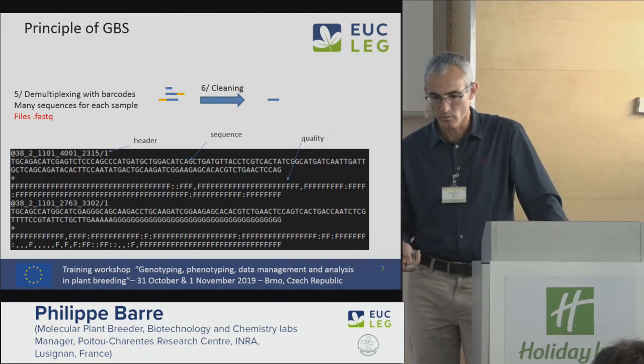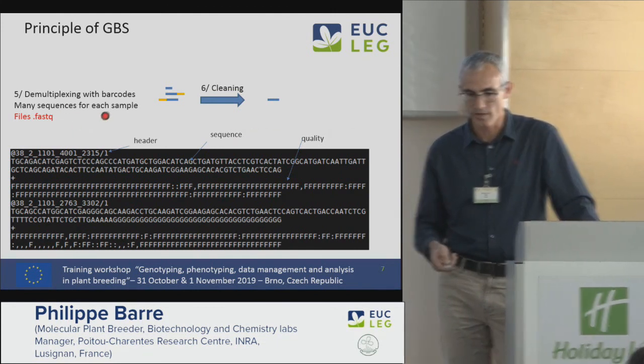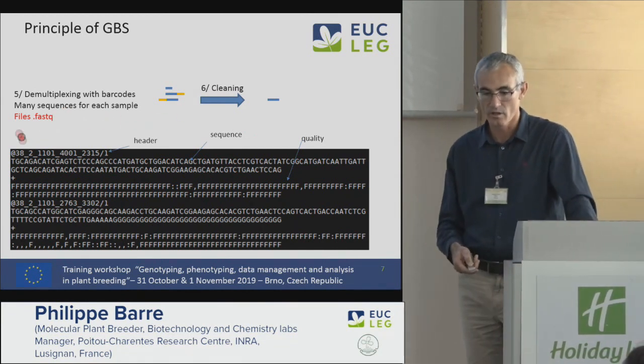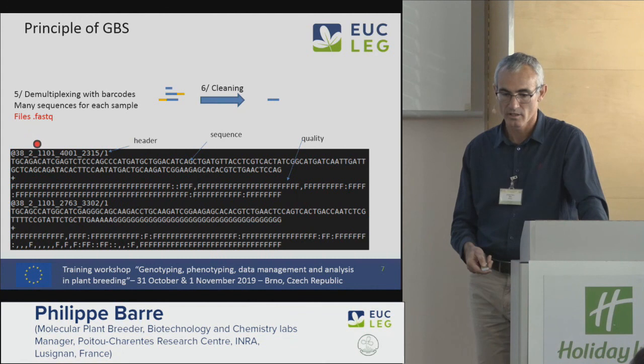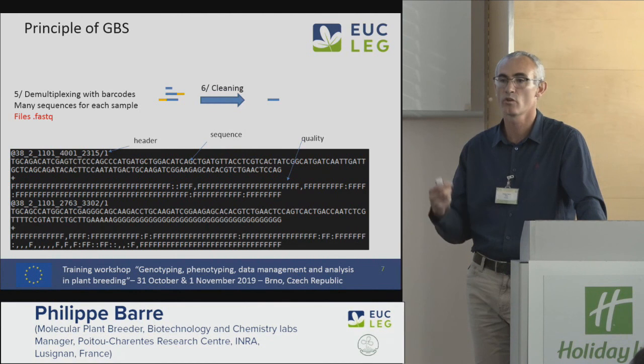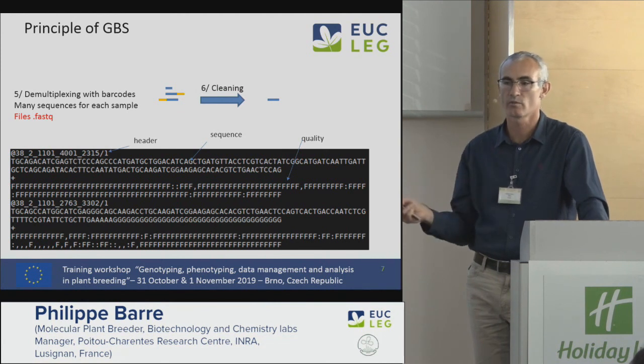And here, what you got is a FASTQ file, and it looks like that. You have a header here, then you have the sequence, and then the F's and colons and so on, that is the quality. So you have information on the quality of the sequence, and this can be used to filter out some bad sequences.